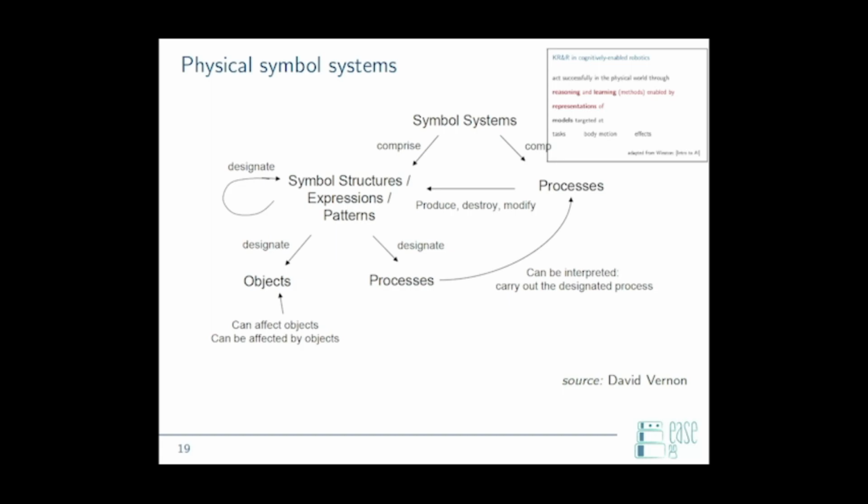And these symbol structures, for one thing, designate objects in the world, but also processes, which can be physical processes like picking up an object and placing it, but also mental activities that control other processes.